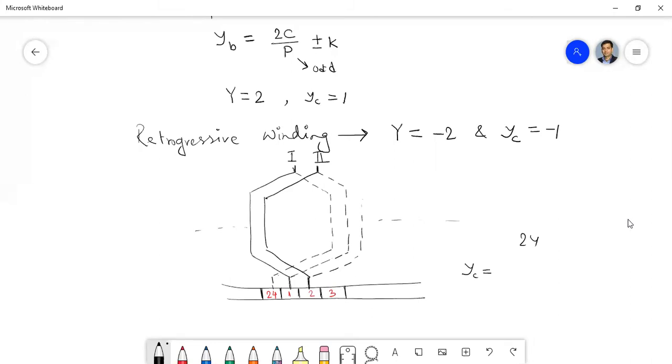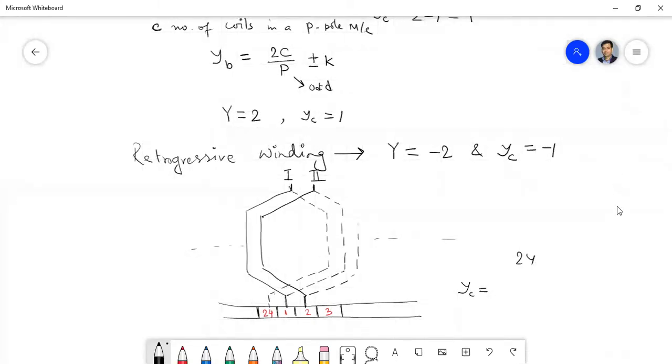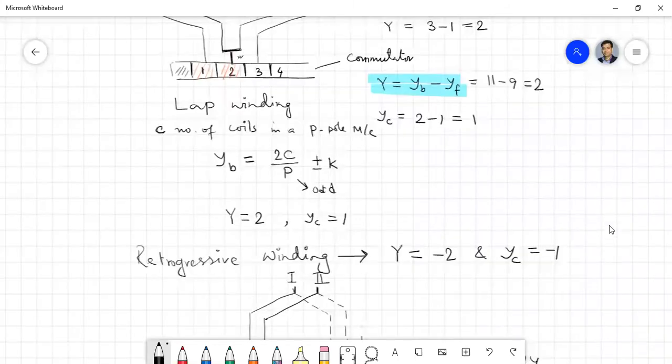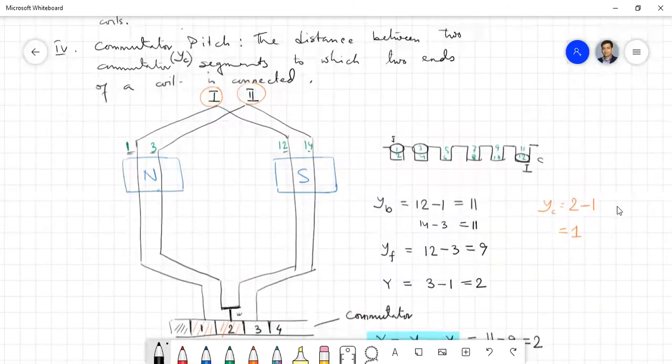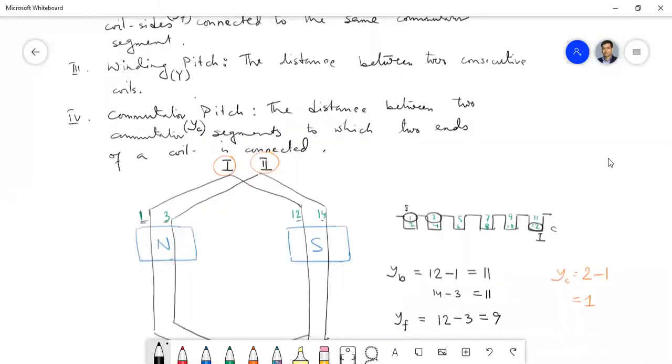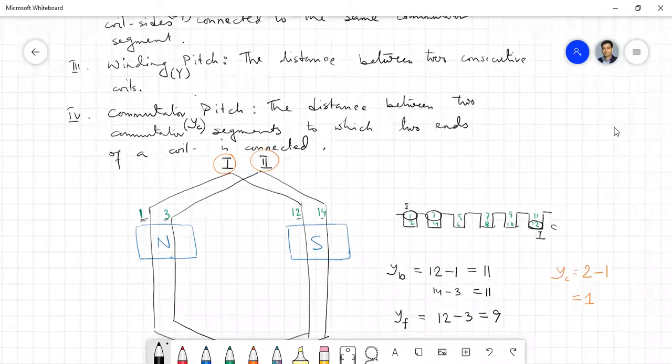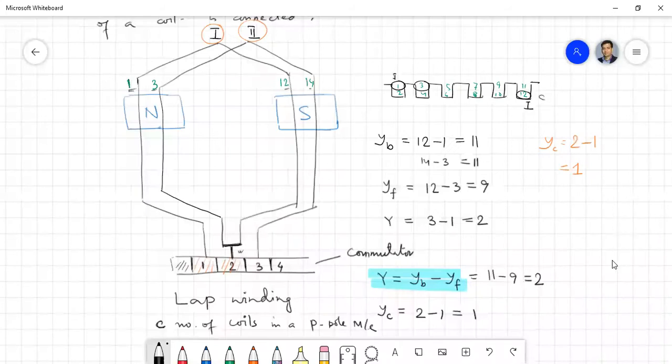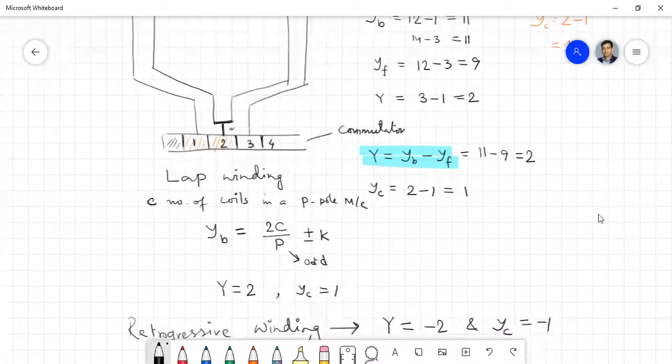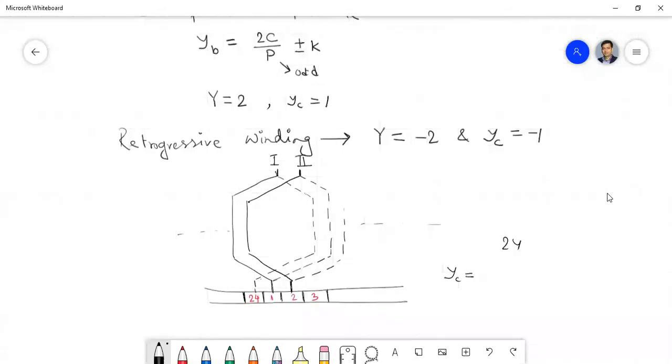Okay, then we have to change our definition a little bit, because as per the definition, what is the commutator pitch? The distance between two commutator segments to which two ends of a coil are connected. Correct, two ends of a coil. Then the definition is perfectly okay. So that means we have to take only one coil, like you said, here I have to consider coil number 2.